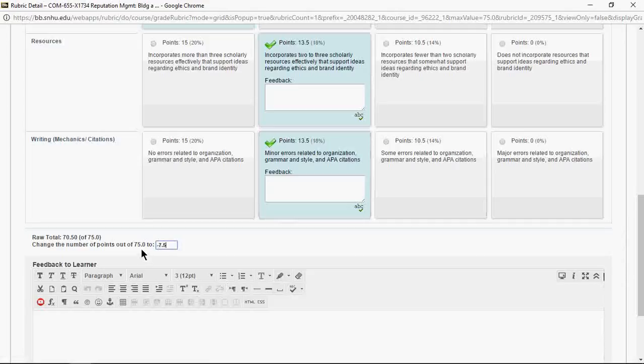So if you submit your assignment late, let's say 1 day late to 7 days late, so within that 1 week, you will lose 10% of the grade. 2 weeks late, 15 points, etc.